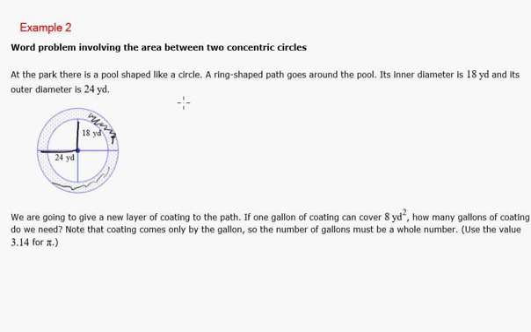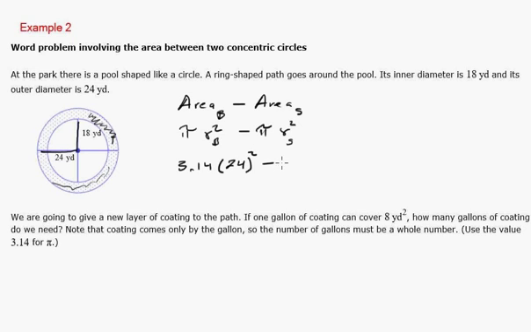It's the same thing. It's going to be the area of the big circle minus the area of the small one. So that's pi r of the big squared minus pi r of the small squared. That's 3.14 times 24 squared, minus 3.14 times 18 squared.